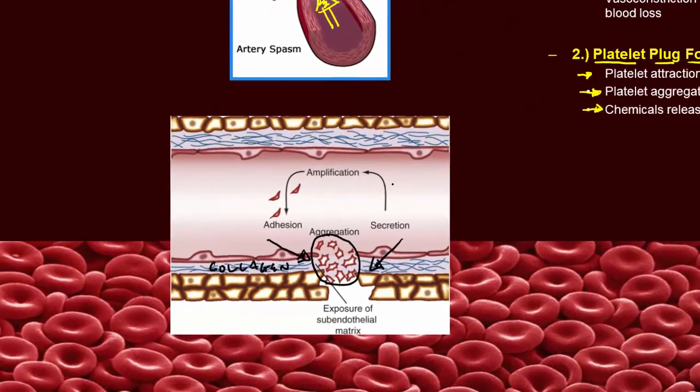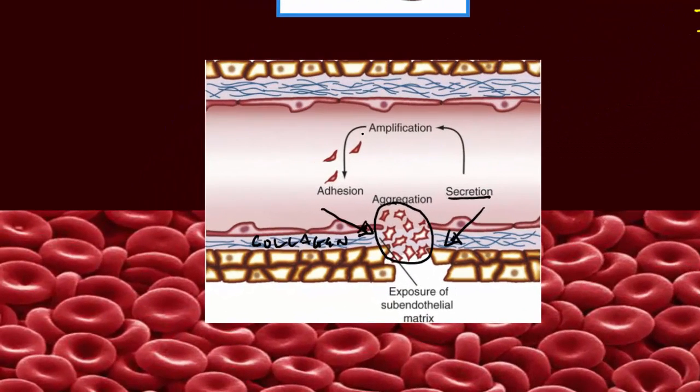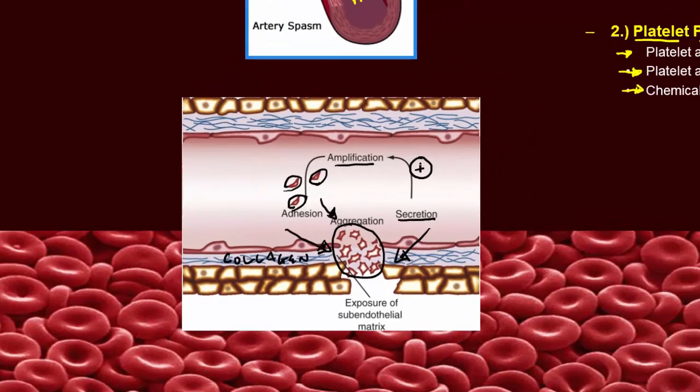The chemicals are going to amplify the effect because they are going to cause additional platelets that are floating around in the blood to come to the site. Okay, and this is a positive feedback mechanism. The more platelets that we get to the site, the more chemicals we get released. The more chemicals we get released, the more the process amplifies itself. So this is another example of a positive feedback mechanism.